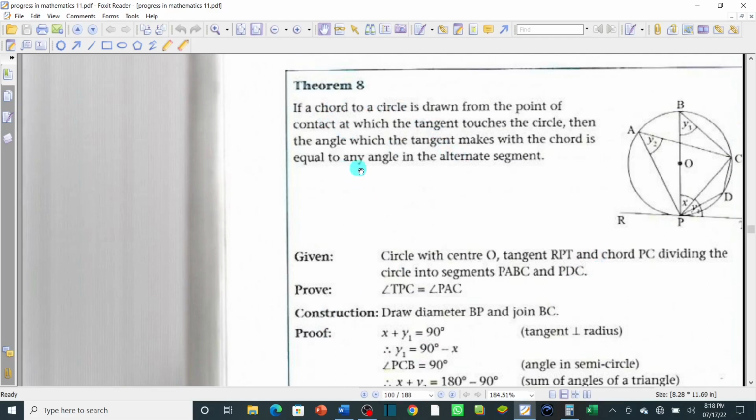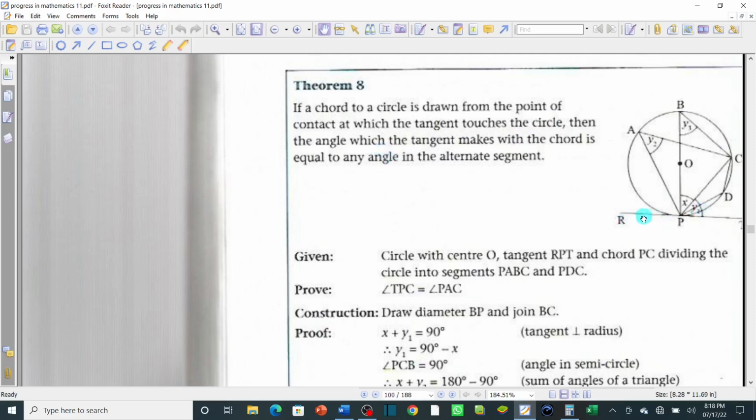So according to this theorem 8, they have said if a chord to a circle is drawn from the point of contact at which the tangent touches the circle, so a chord like this one is drawn to the point of contact at which the tangent to the circle touches.